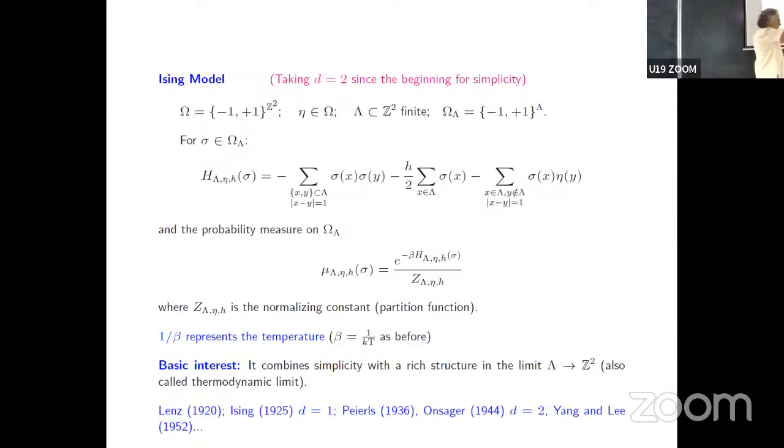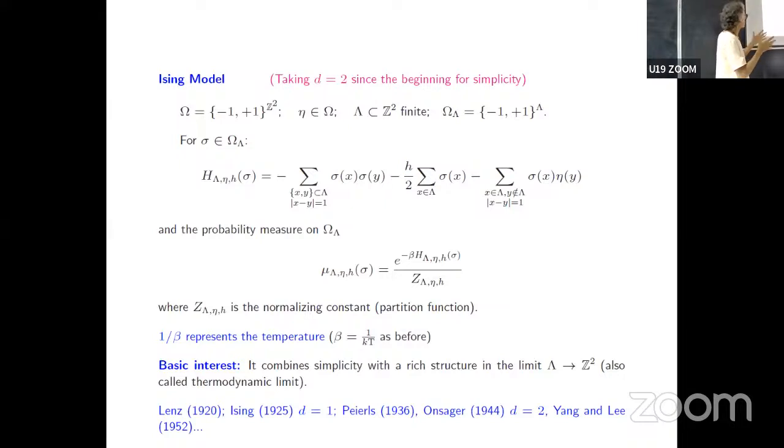But think that the outside is an external boundary, like a heat bath, and I look at things in the volume lambda, and the eta is fixed. So you have a measure which is called the finite volume Gibbs measure, which is e to the minus beta H normalized to be a probability, where beta here is as before, 1 over beta is the temperature.